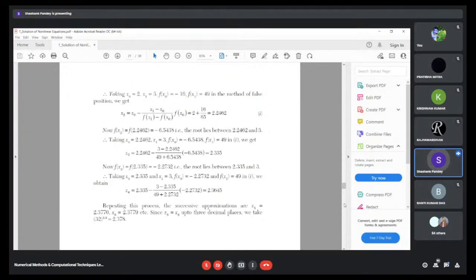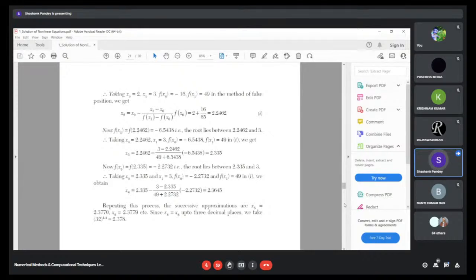Now again we use the regula falsi method and take x naught as 2.2462 and x1 as 3. We get the root x3 as 2.335.